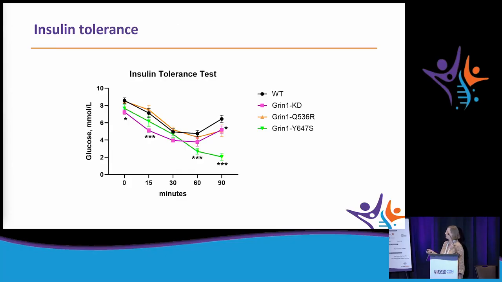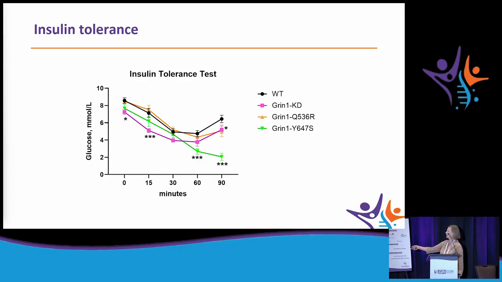However, when we look at the response to insulin, so here instead of giving glucose and measuring glucose, you're giving insulin and you're measuring glucose. So here we give the insulin. You can see that the resting glucose is lower, particularly in the KDs, and also to some extent in the Y647S.